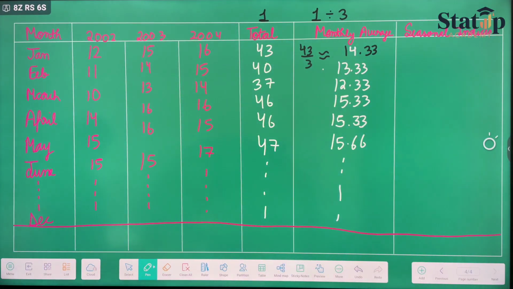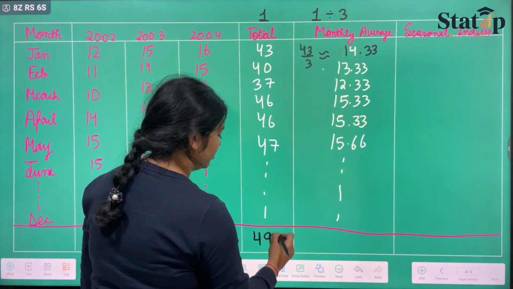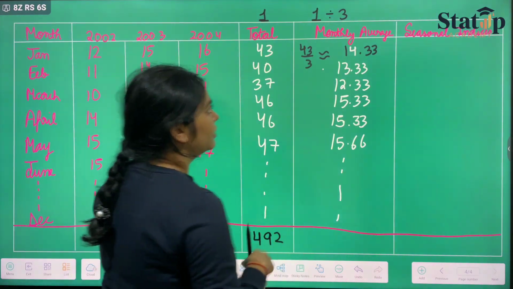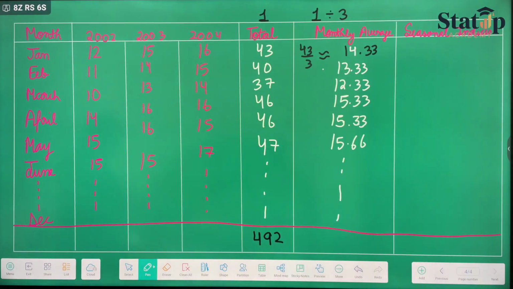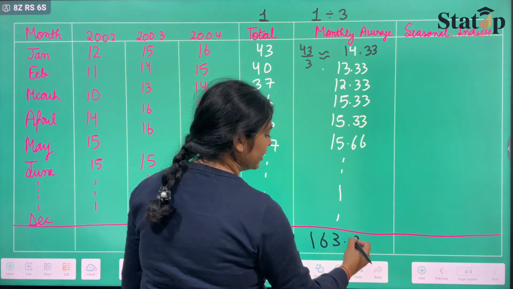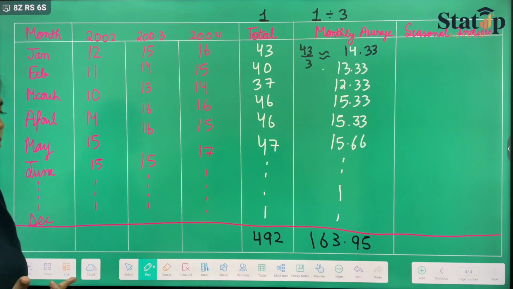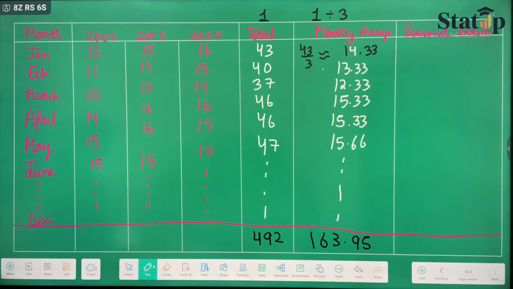The total value coming is 492, and if we take the average of these monthly averages, we get 163.95. We have not written all the values, so I'm just writing directly. 163.95 is the monthly average.